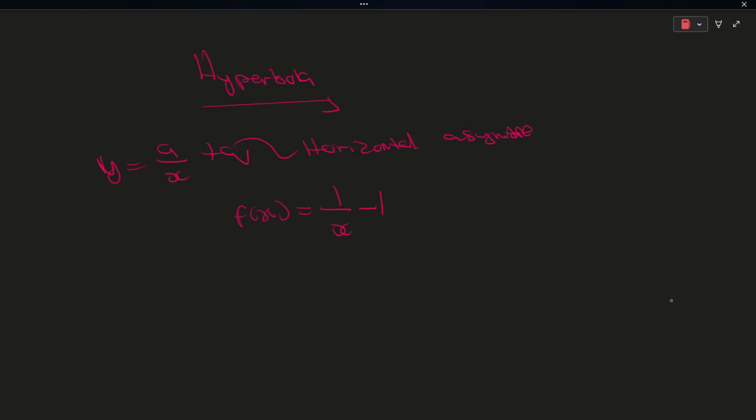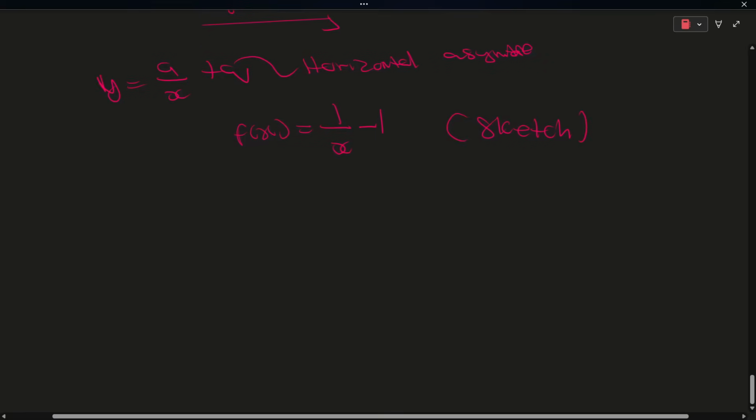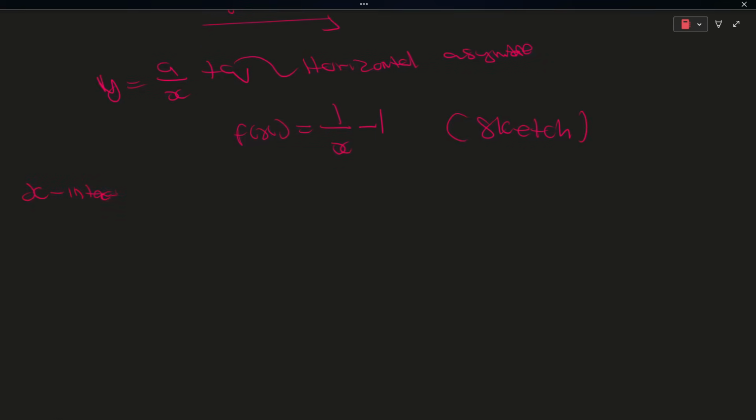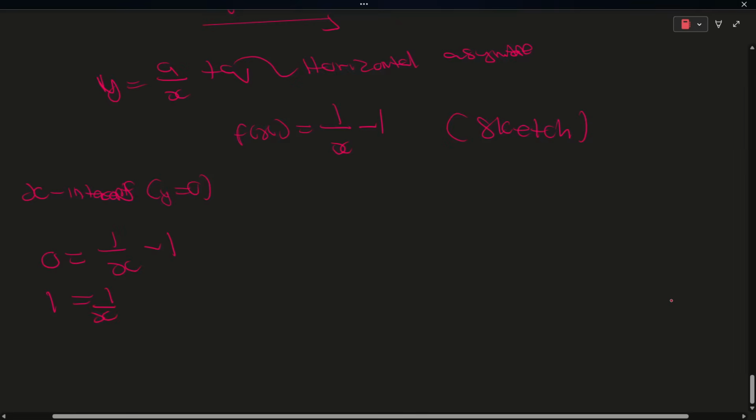When you are told to sketch the graph, for the x-intercept we let y to be 0. So we have 0 is equals to 1 over x minus 1. We take this one to the other side, 1 is equals to 1 over x. We cross multiply. X is going to be 1. The coordinate is (1, 0).